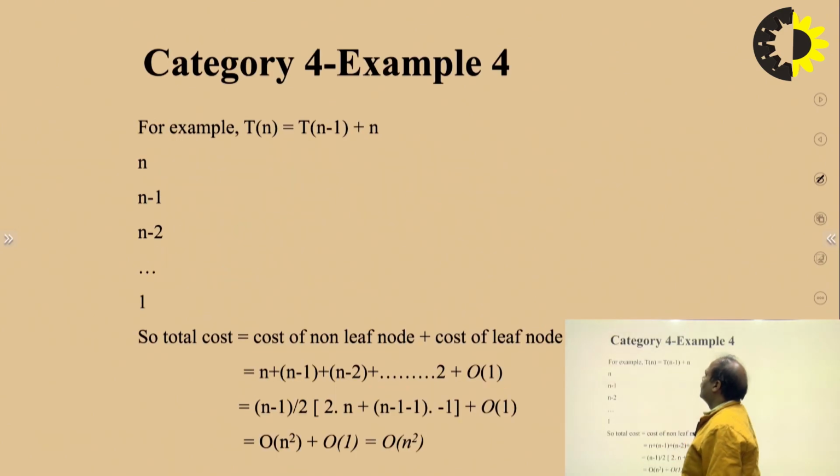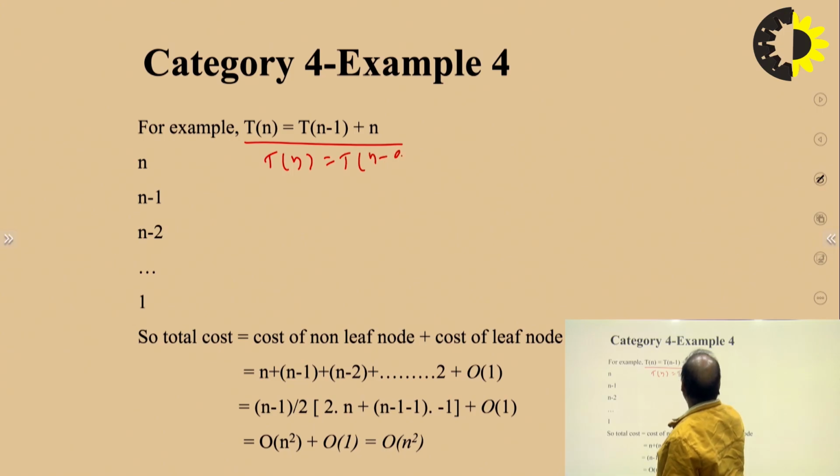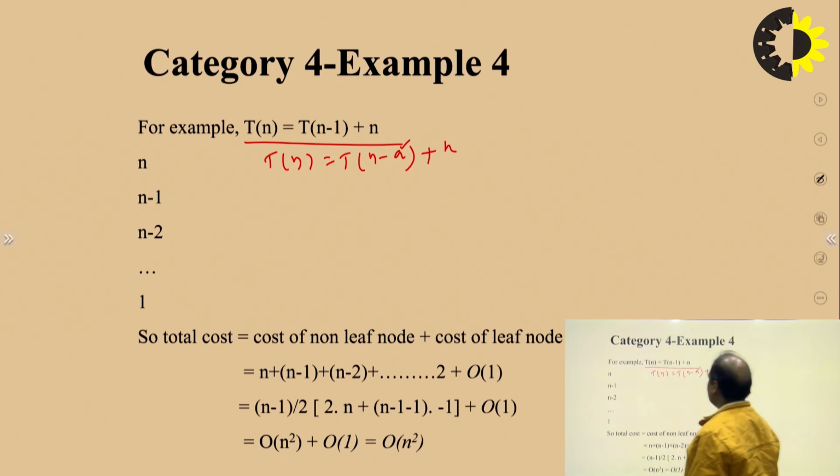The last category of recurrence relation, which cannot be solved by any of the other methods and can only be solved by this method, is T(n) = T(n-1) + n. This can also be written as T(n) = T(n-a) + n, where a can be anything.